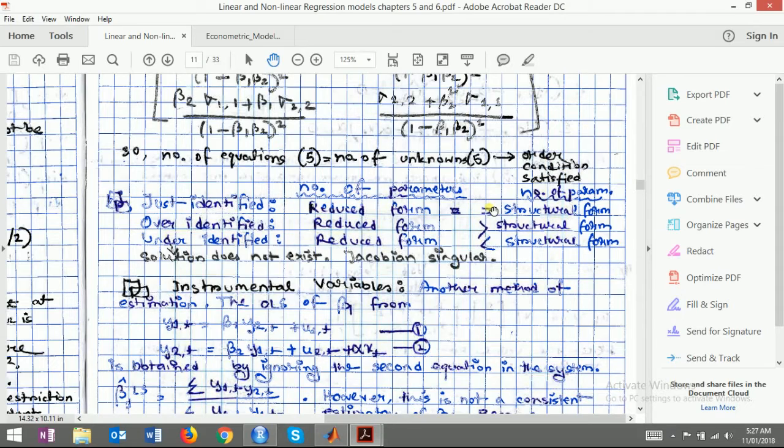In an over identified system, the number of parameters in the reduced form is higher than the number of parameters in the structural form. In an under identified system, the number of parameters in the reduced form is less than the number of parameters in the structural form. And for an under identified system, the Jacobian becomes singular, so we cannot solve it. Decomposition does not run, the solution does not exist.